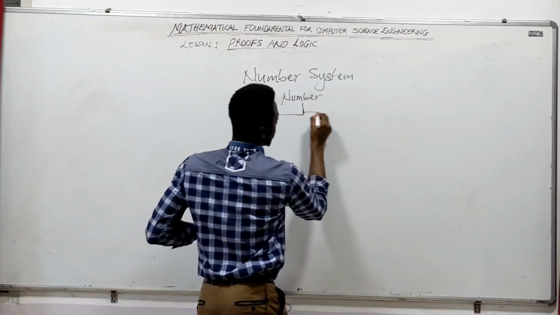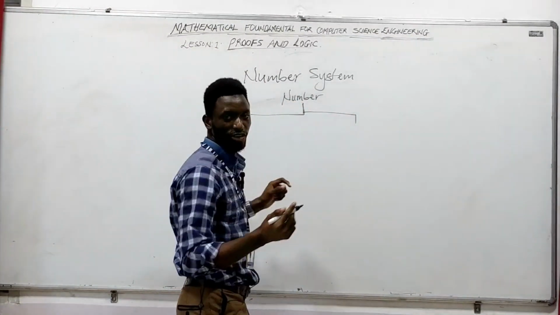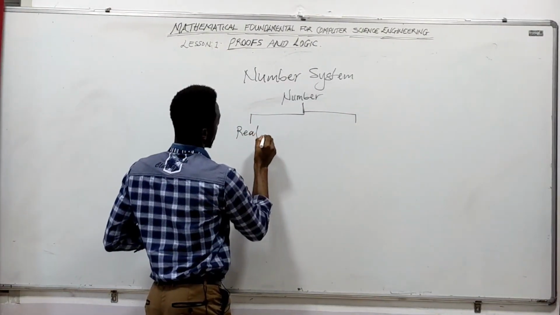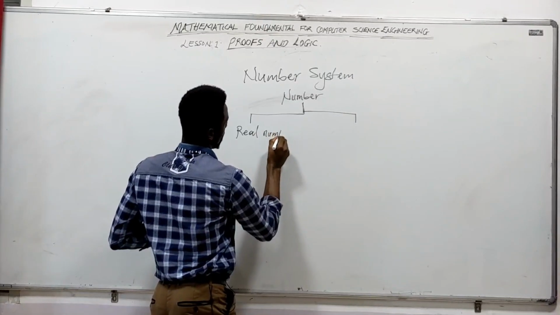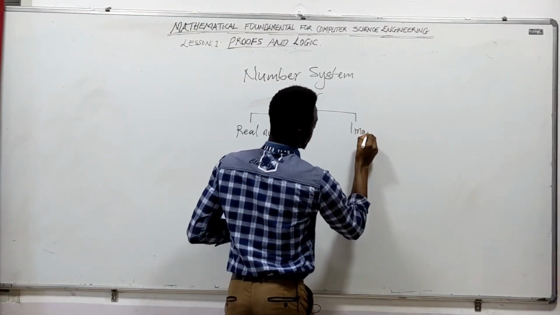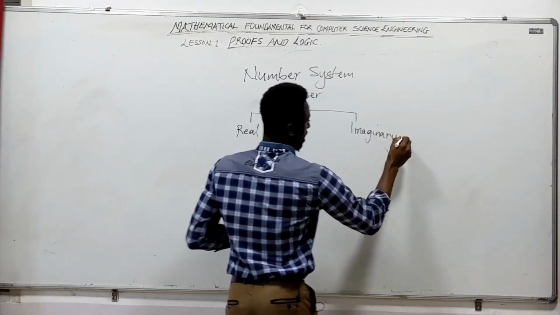First, we have real numbers and imaginary numbers.